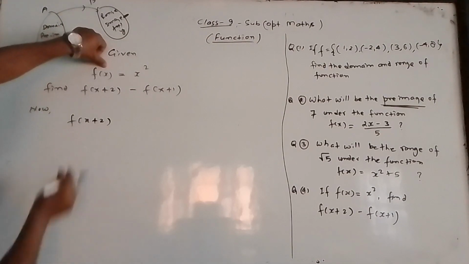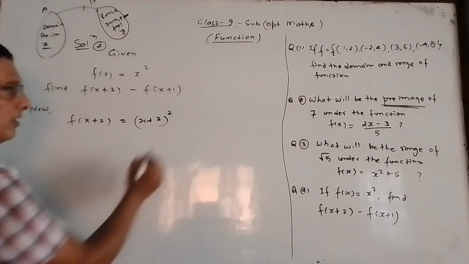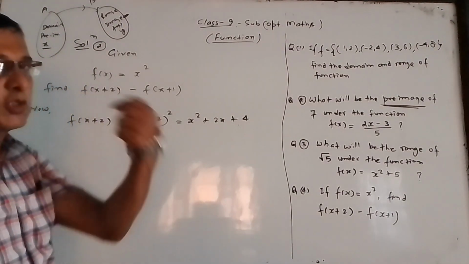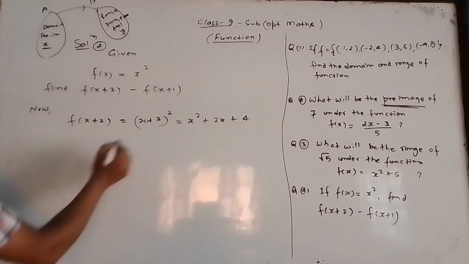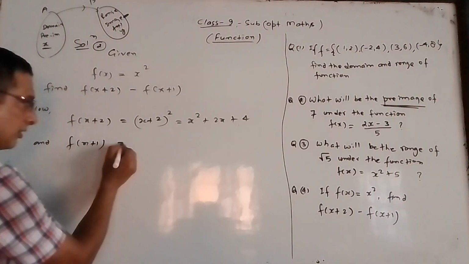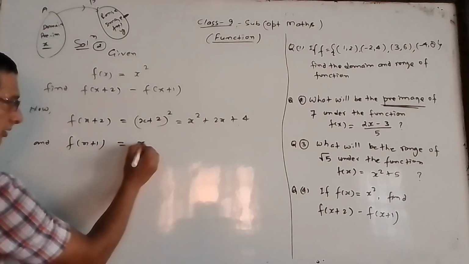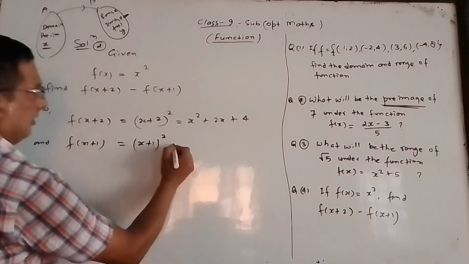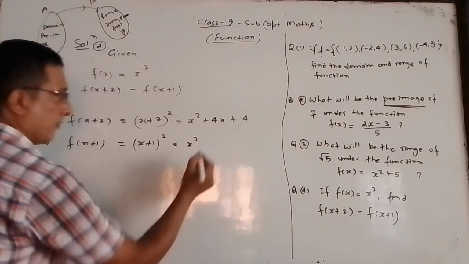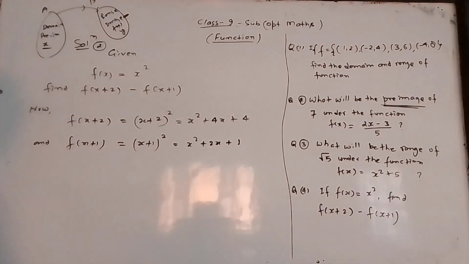In place of x, write x + 2, which is (x + 2) whole square, or x square plus 4x plus 4, using (a + b) whole square is a square plus 2ab plus b square. And f(x + 1): write x + 1, so (x + 1) whole square is x square plus 2x plus 1. Is that clear?